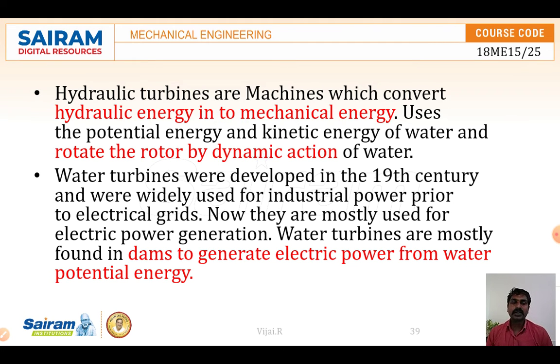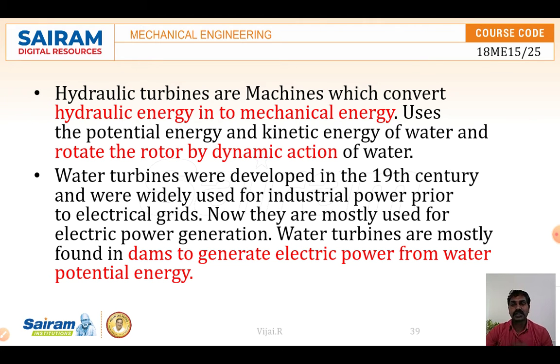So how is it rotated? What energy is used? Already we have studied that energy cannot be created and cannot be destroyed, but one form of energy can be converted. Here, take the water in a dam: the water is getting stored and it has potential energy.